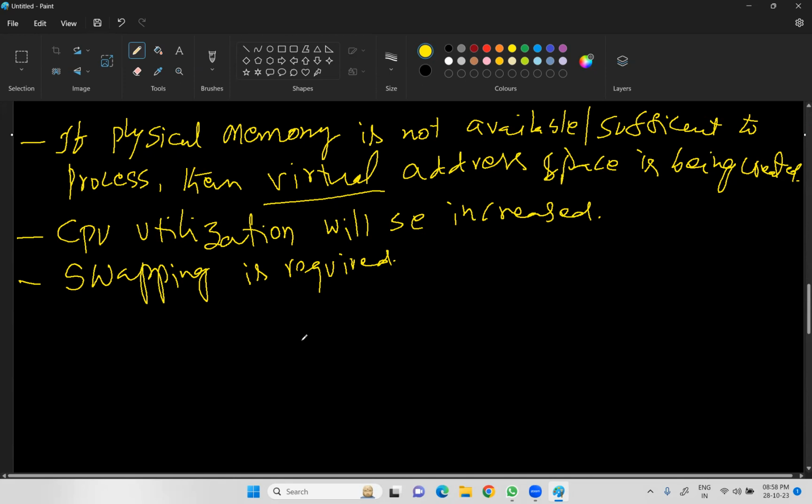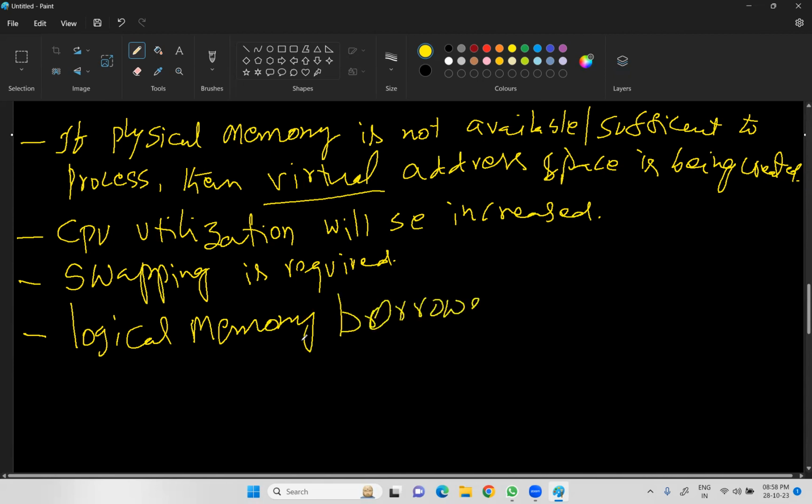It is a logical memory borrowed from an auxiliary storage device. That is our hard disk. Right, from the hard disk, it is being taken here.